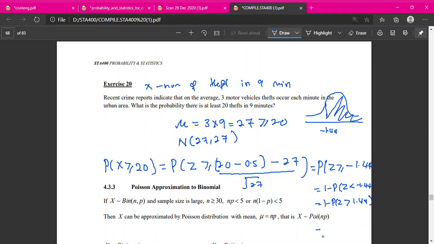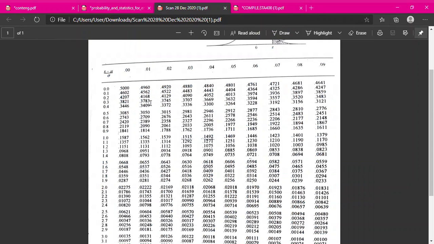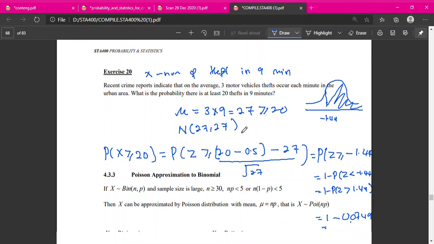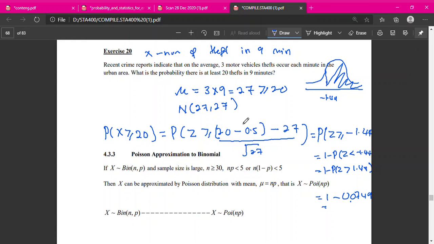So 1 tolak 0.0749. Okay, so the answer is 0.9251.